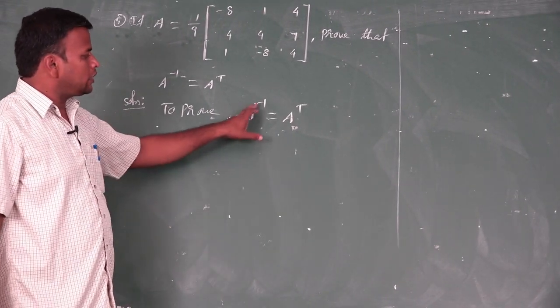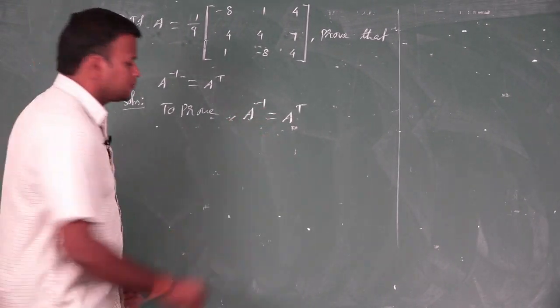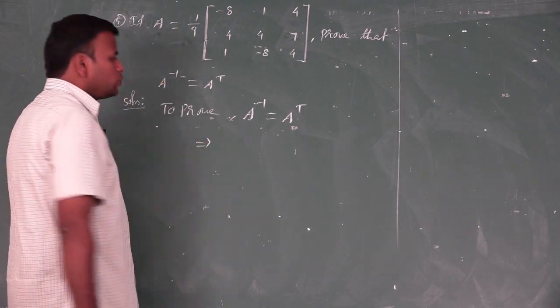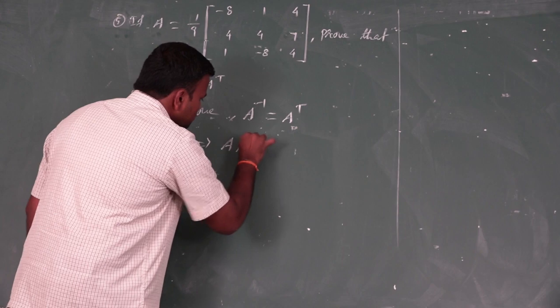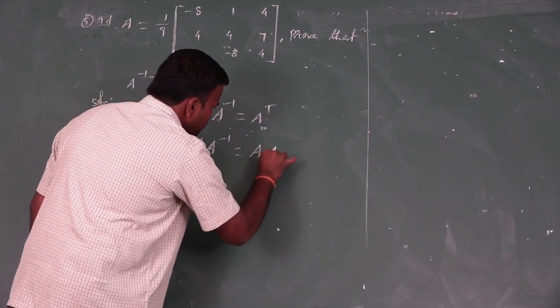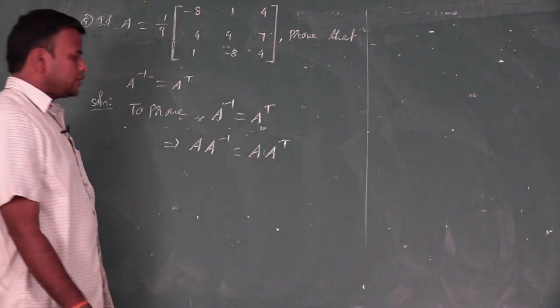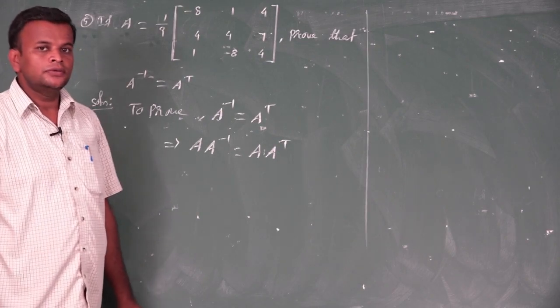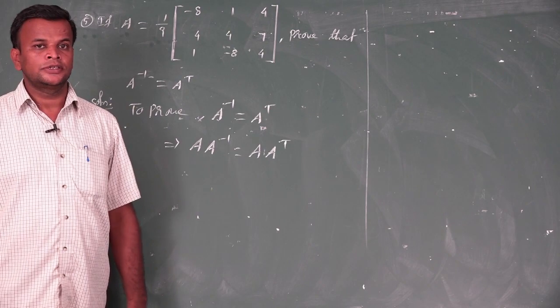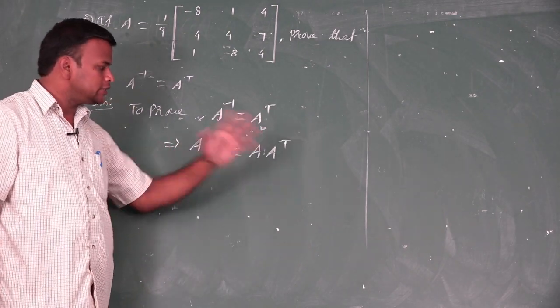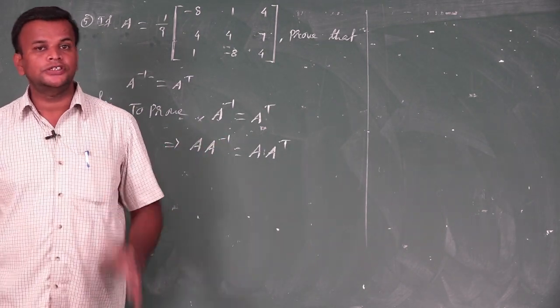To prove A inverse is equal to A transpose, I do one step: pre-multiply by A on both sides. The same matrix is multiplied on both LHS and RHS, so the value cannot be changed.